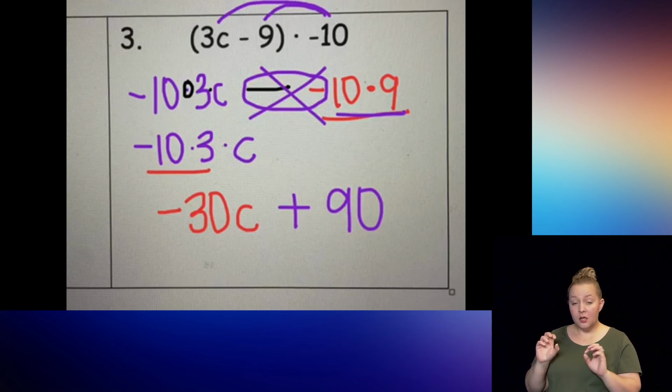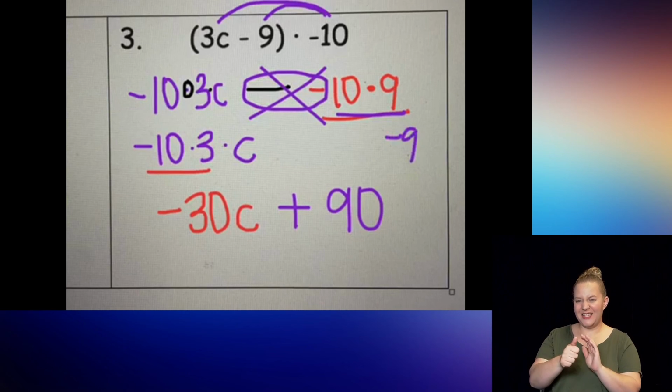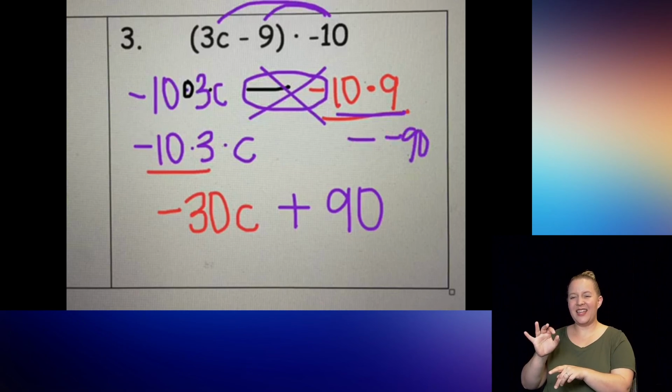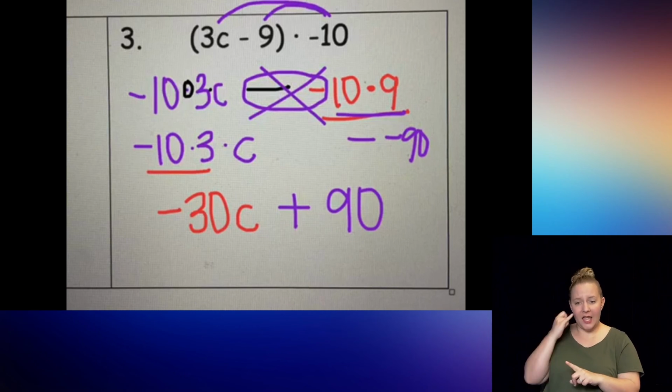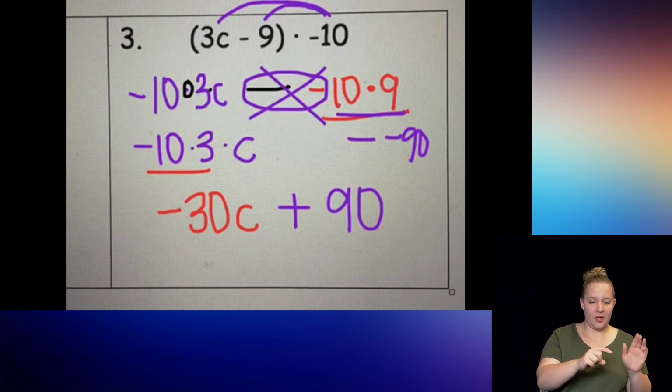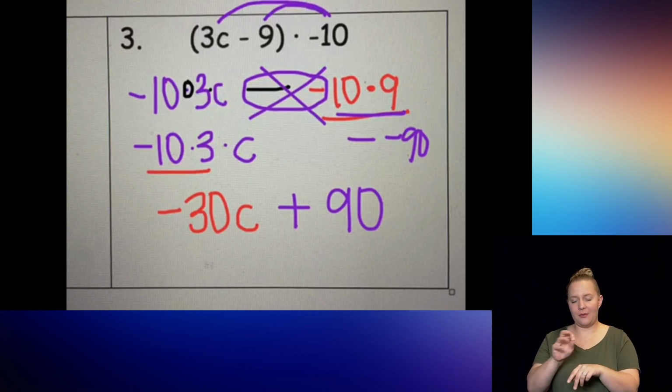If I had multiplied that out before, negative 10 times 9 would have been negative 90, but then I would still have had this minus sign. So minus a negative still gives you that plus. Either way, whether you do minus a negative first, or multiply out negative 10 times 9, you're still going to end up with positive 90 as your answer for that expression.